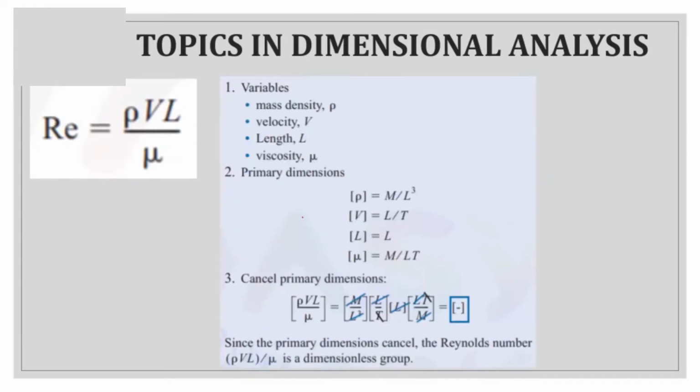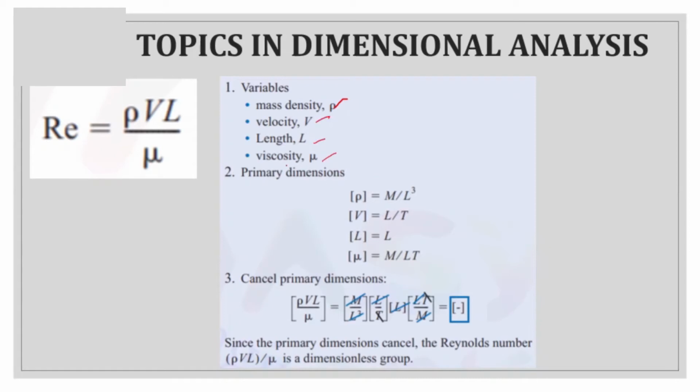We are tasked here to prove whether this Reynolds number equation is really a dimensionless group. So we have to work out the variables here: the density, the velocity, the length, and the viscosity.